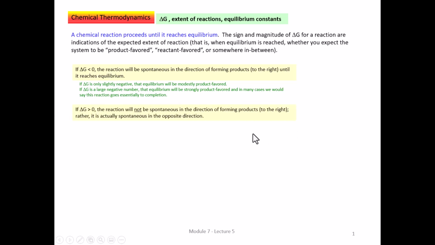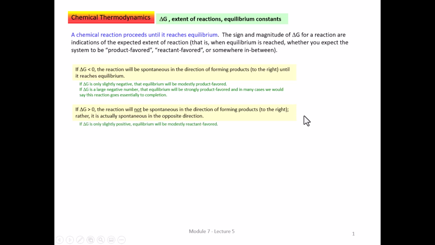If deltaG is positive, we've said, of course, before that the reaction as written from left to right is non-spontaneous. So the reaction will not be spontaneous in the direction of forming products. Rather, it's actually spontaneous in the opposite direction.